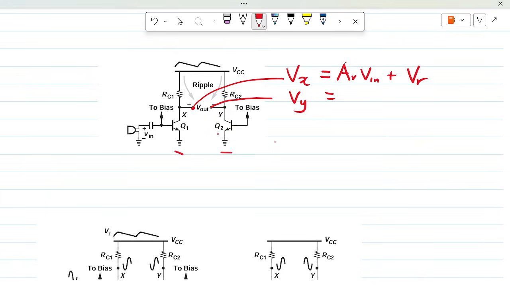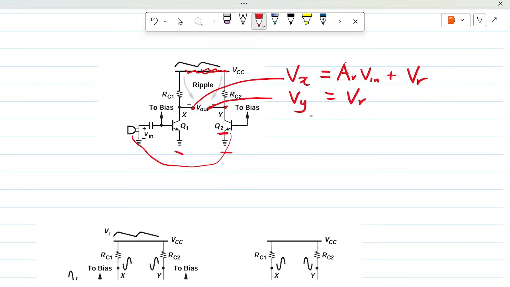Now, Q2 has no signal, but any noise from the ripples inside the VCC would also come through if there were a capacitor placed between this and the output.